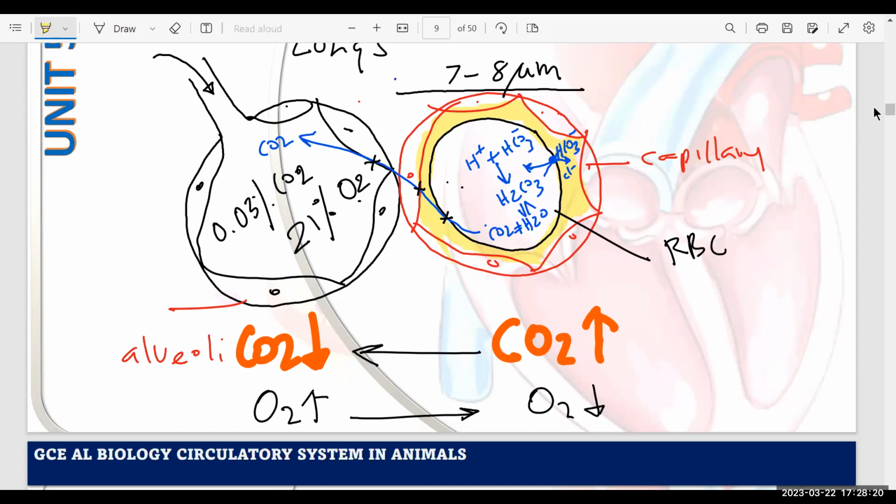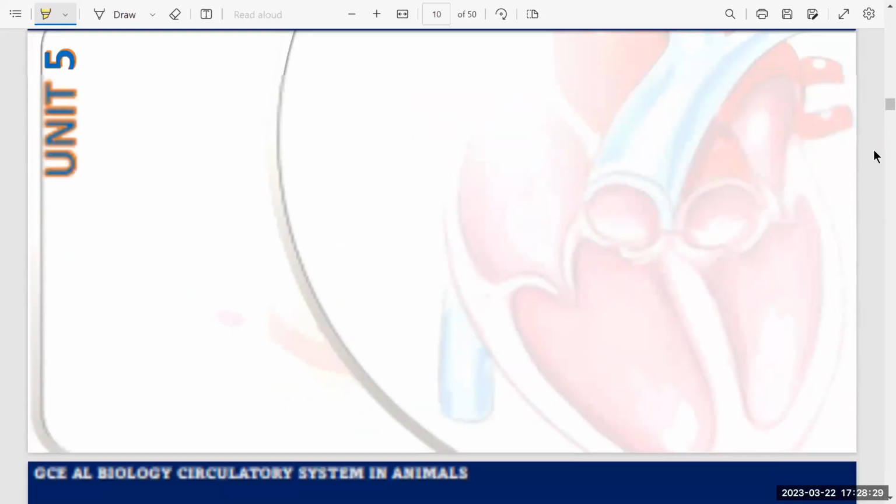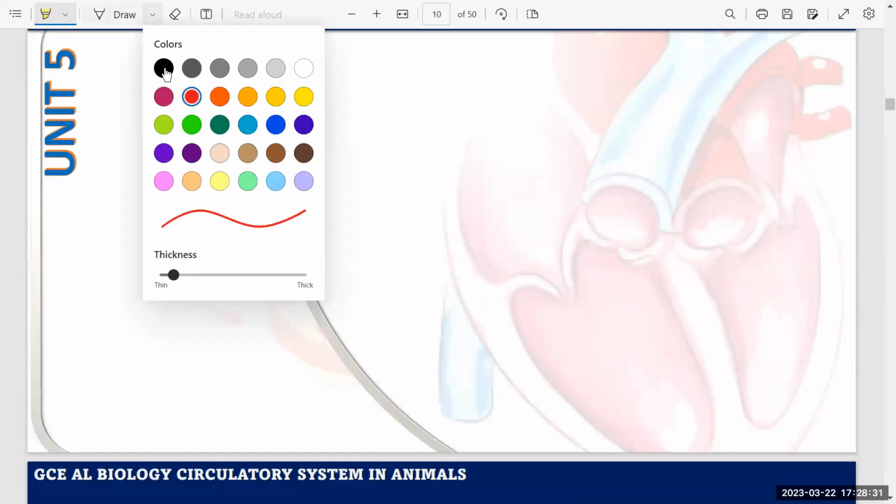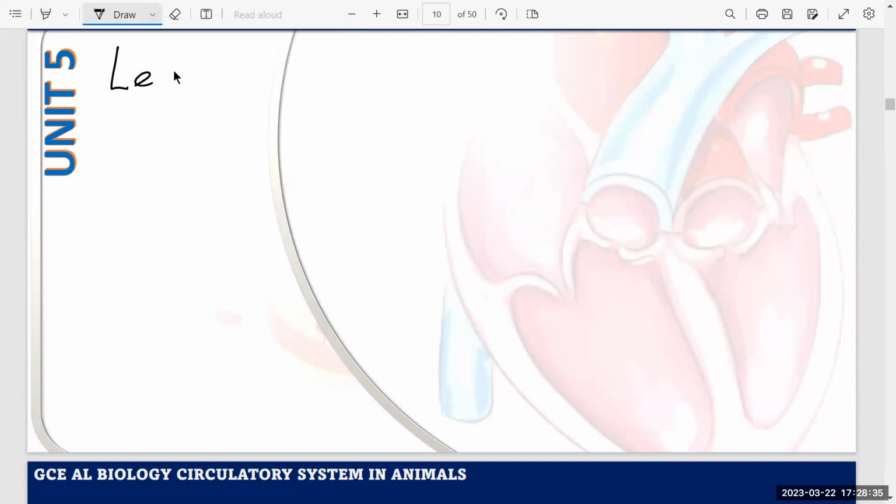Lesson number 20, composition and major functions of blood. This is lesson 20. Composition and major function of the blood.